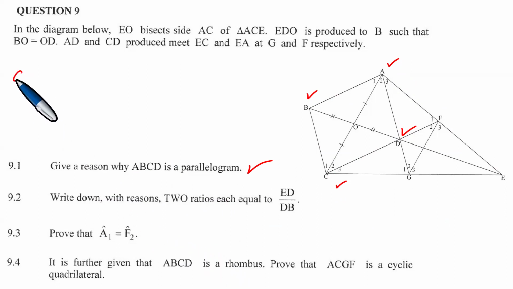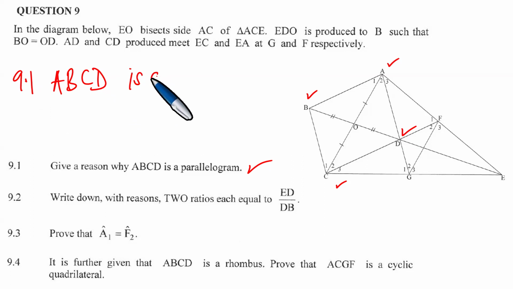It's obvious. The answer to 9.1 is to say ABCD is a parallelogram. The reason is that these diagonals bisect each other.